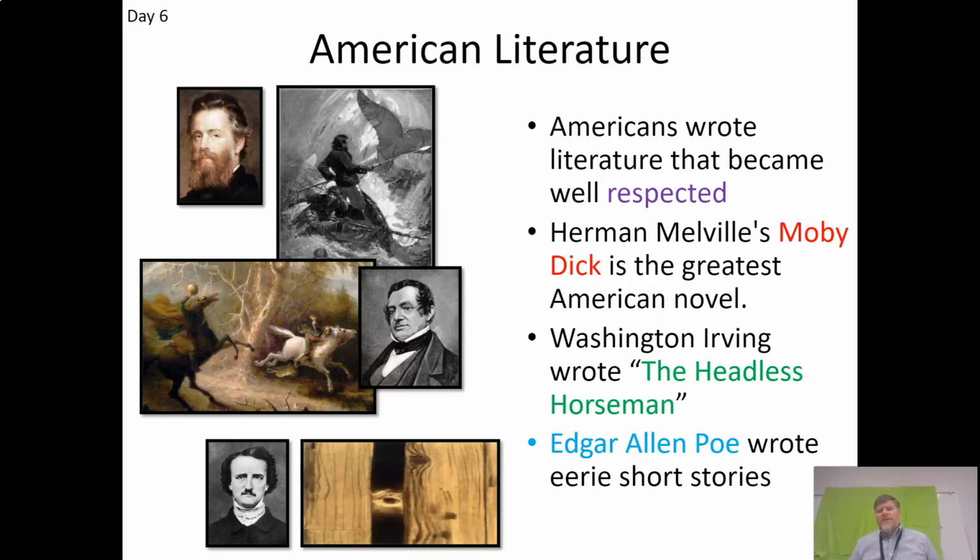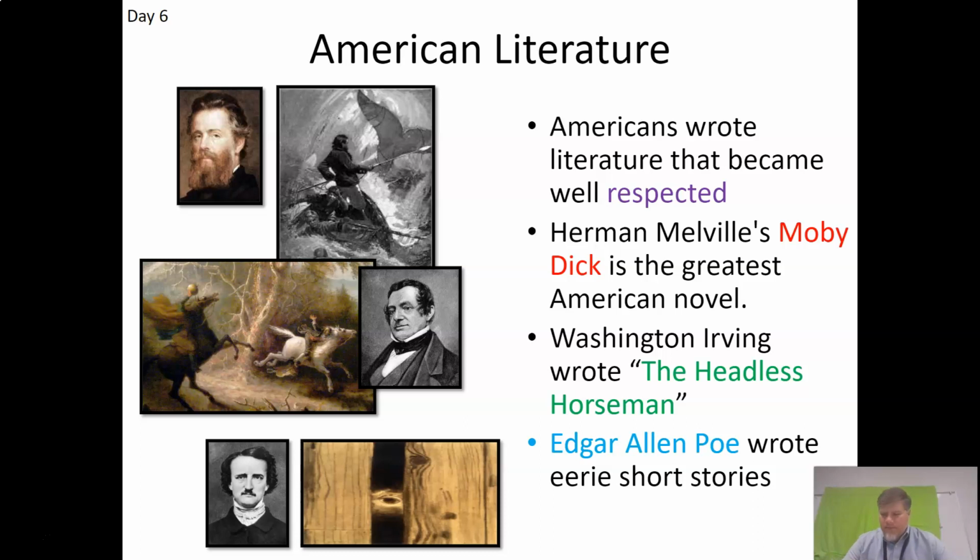Just a quick change of pace here. Let's talk about American literature. This is really one of the times when we start to see specifically American-focused literature develop. Some of the most famous writers and authors of American history are during this time. Herman Melville writes Moby Dick. Washington Irving writes The Headless Horseman. Edgar Allan Poe writes his many different stories, many of them eerie and dark in nature.